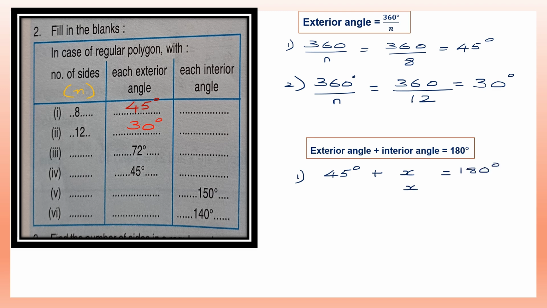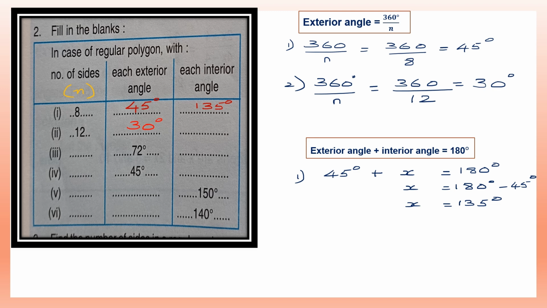So interior angle x is equal to 180 minus 45, because this 45 degrees we are going to take to the other side. Here it is plus, so when it goes to the other side, it becomes minus. So x, that is the interior angle, is now 135 degrees.